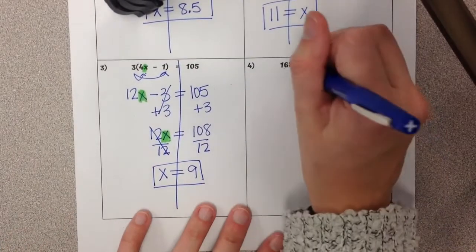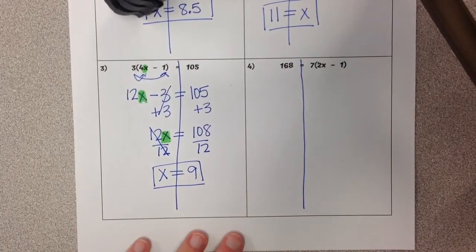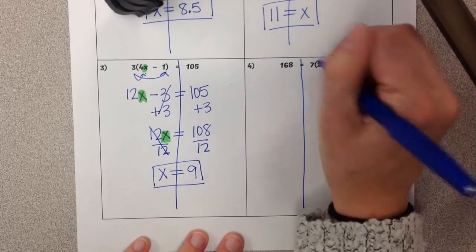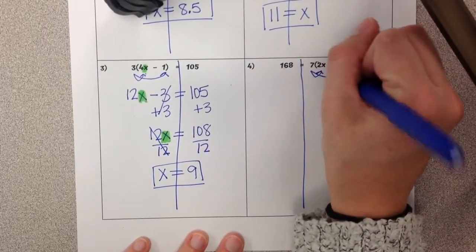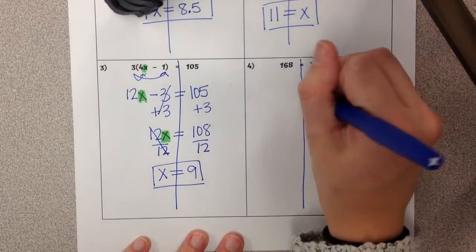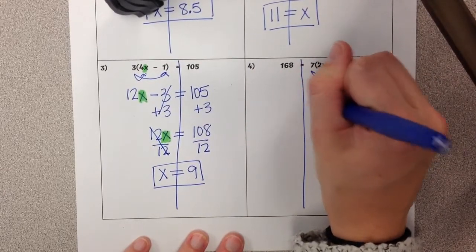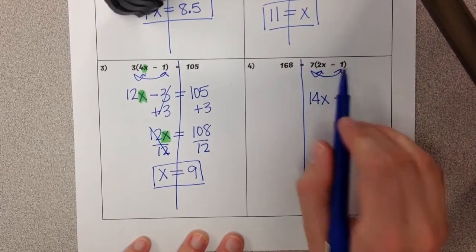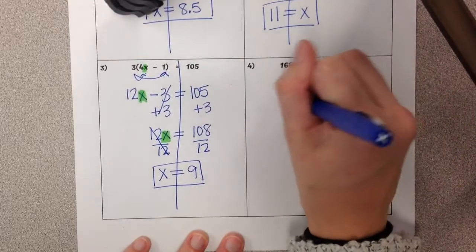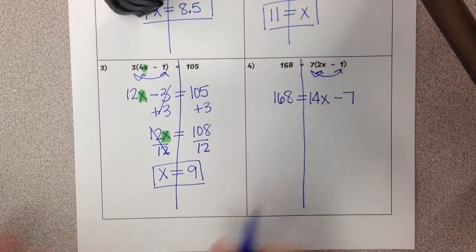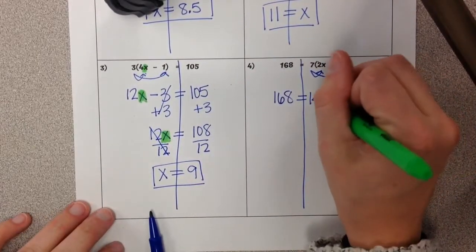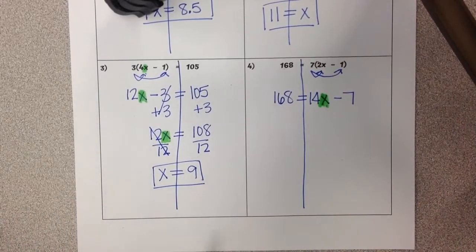And last one, again, first step, draw our line down the equal sign. We're going to distribute. 7 times 2x is 14x, minus 7 times 1 is 7. Bring down the 168. Looking at the side with our variable, we get rid of our constant first.